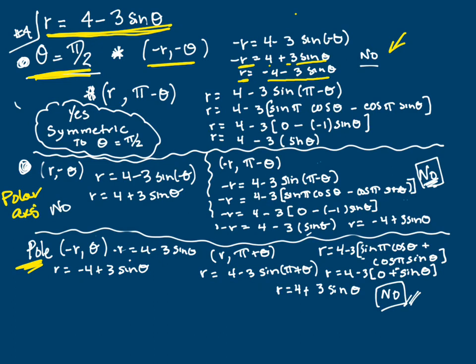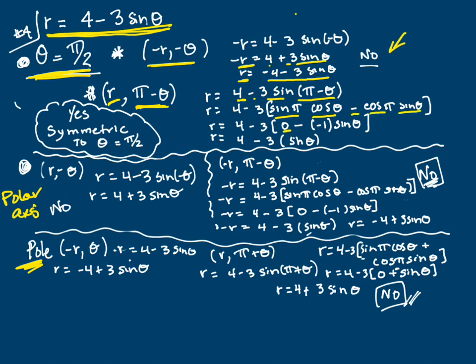Going to part B of the same symmetry, keeping r positive right here, but changing the angle to pi minus theta, I get r equals 4 minus 3 sine of pi minus theta. Use the identity, so that would be 3 times sine pi cosine theta minus cosine pi sine theta.